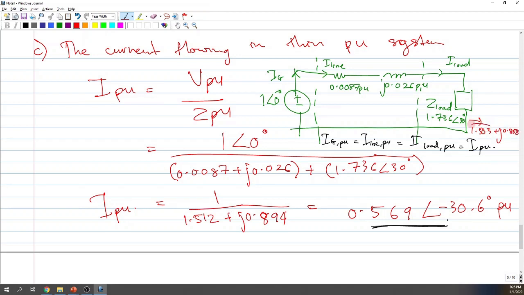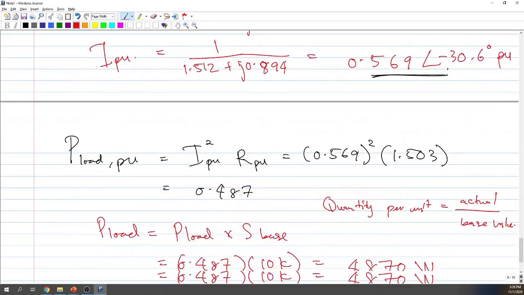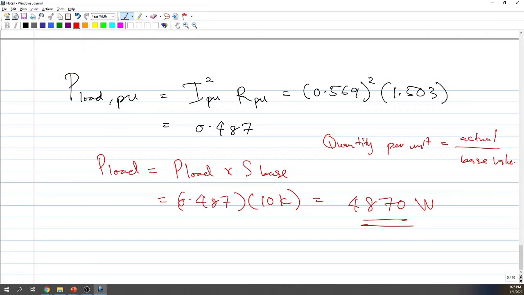Okay, kita ambil yang real part saja. Kita ambil real part sebab dia nak kata power supply kan. So power supply dalam watt. So power watt dia nak ambil dalam tu. Tapi kita tetap menggunakan base lah. Apparent sebagai dia punya base value. So therefore kita akan dapat ni lah.